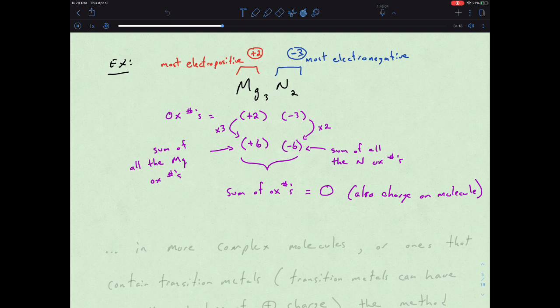So those are some simple binary molecules as far as looking at oxidation numbers.